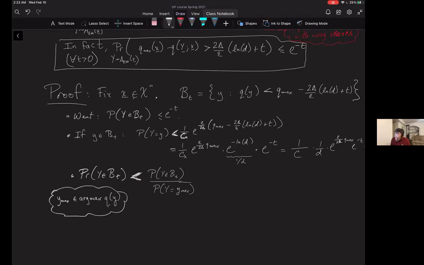Okay, so now we can plug in the upper bound we had up top. So we had 1 over c times 1 over d times e to the epsilon over 2 delta q max times e to the minus t. And on the bottom, the probability of this y max is 1 over c times e to the epsilon over 2 delta times q max.